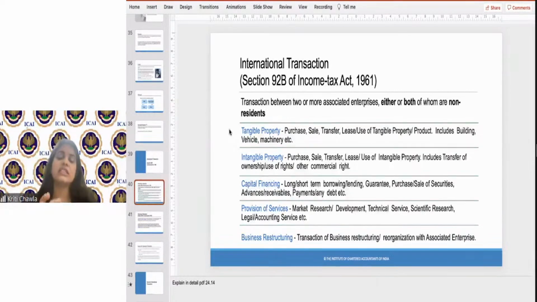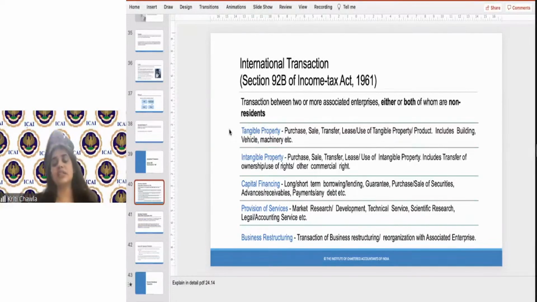And finally, they say that even if there is a business restructuring transaction, so, if there is a transaction where the parent entity is buying another entity, or there is some kind of business reorganization or restructuring happening, there is a manufacturing company and it's converting itself into a distribution company, then there is an entire reorganization of the company.